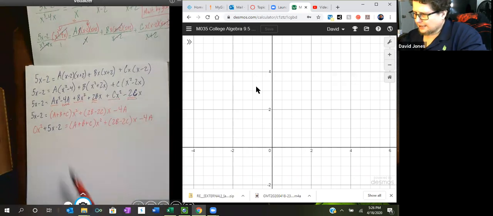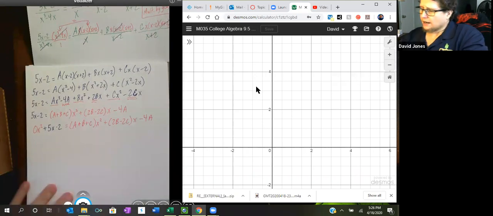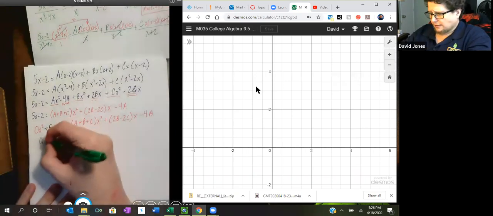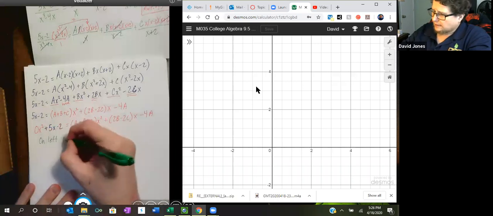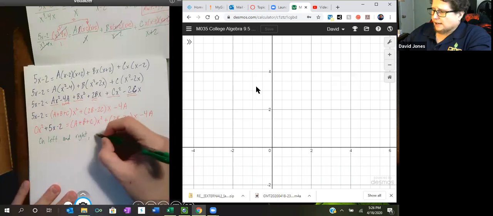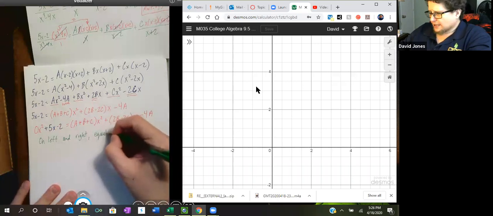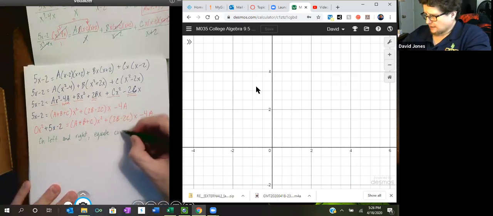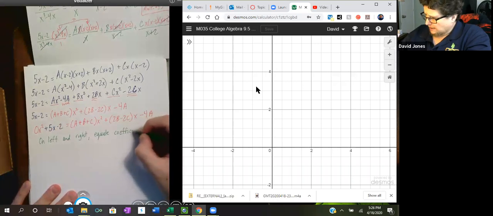Everything's looking good. I gathered the right things. Okay. Now on left and right, equate coefficients for like terms.